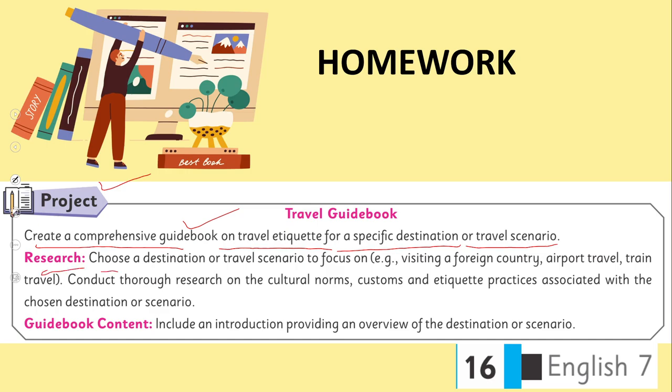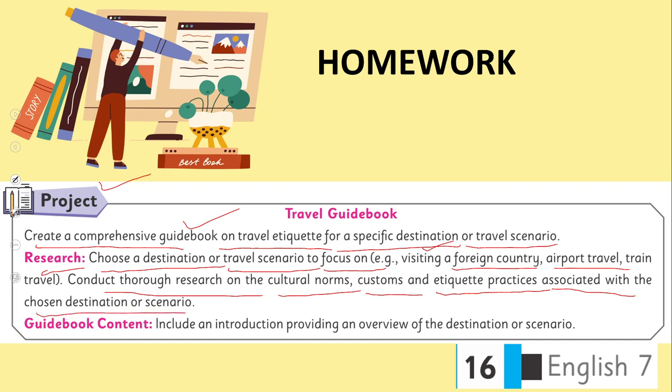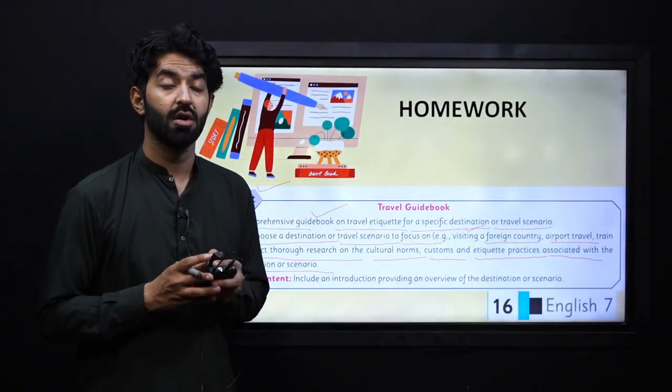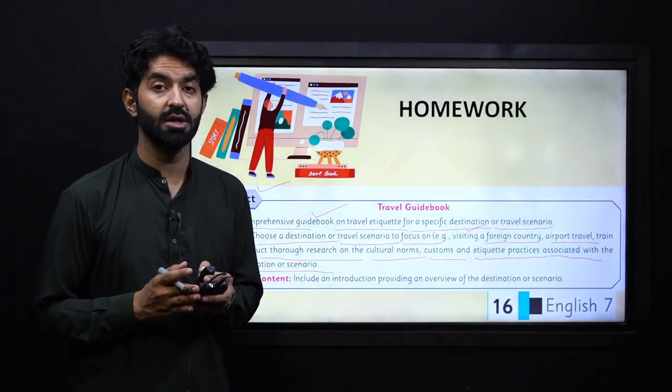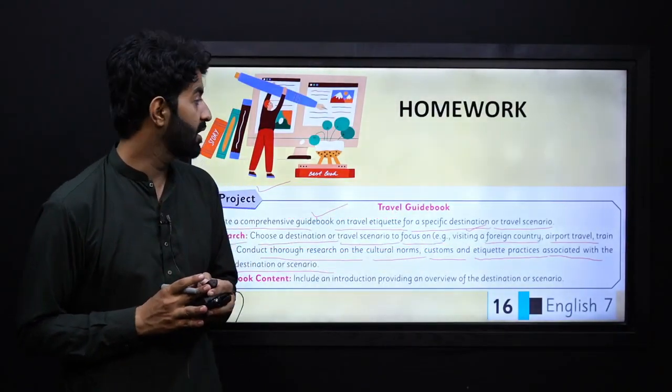Research: choose a destination or travel scenario to focus on, such as visiting a foreign country, airport travel, or train travel. Conduct thorough research on the cultural norms, customs, and etiquette practices associated with the chosen destination or scenario. Now, these are general instructions for performing the project that you are given.